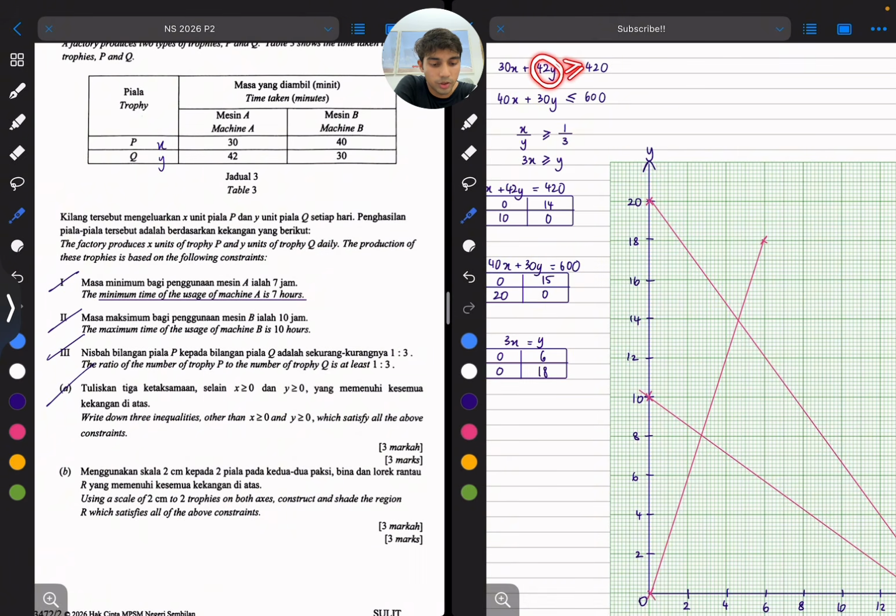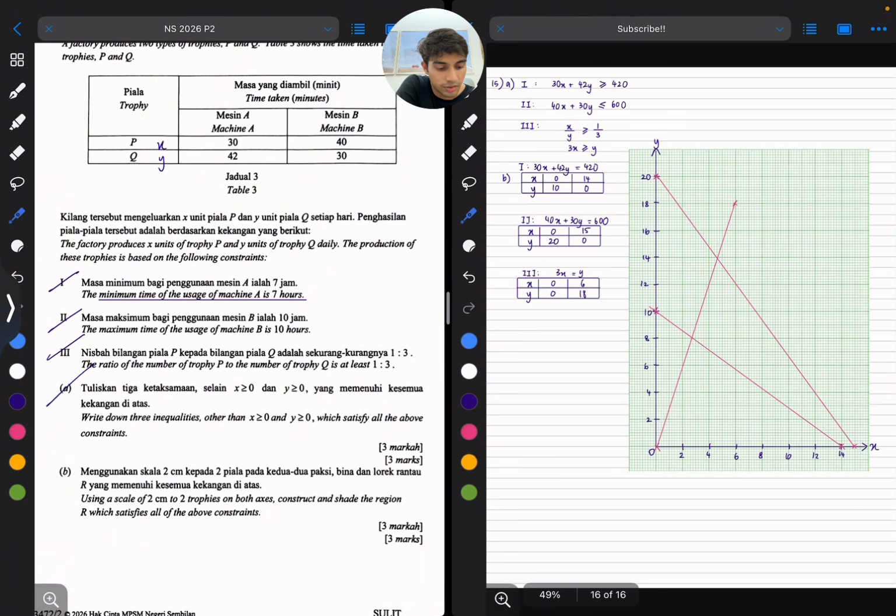Y more than. So this is our first line that we drew. More than means above, so up here. Then the next one, y less than. So this is our line. Less than means below. And then the last one, y less than.